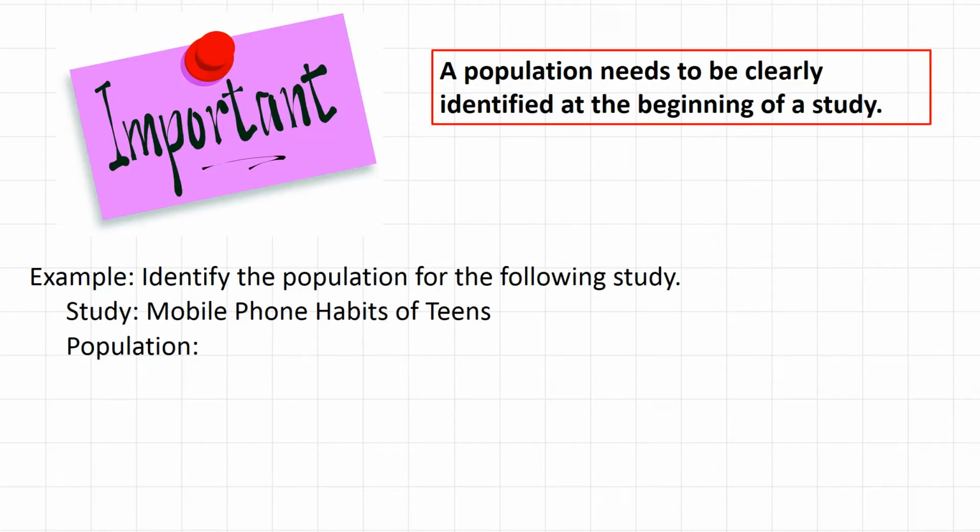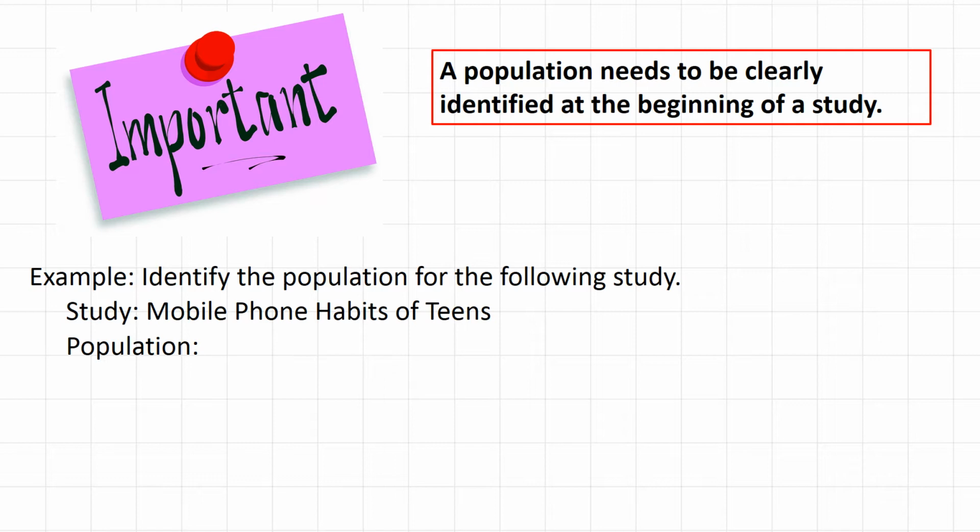Before you study a topic, it's really important that you clearly define the population before you start. So let's do this by example. If you wanted to study the mobile phone habits of teens, you want to learn a little bit more about that, then who are you going to study?